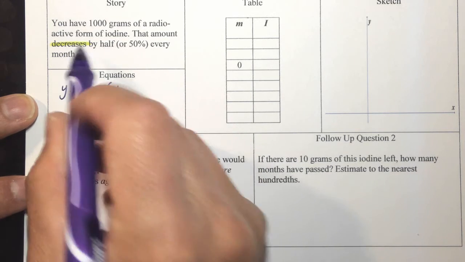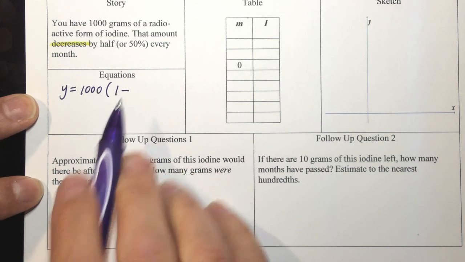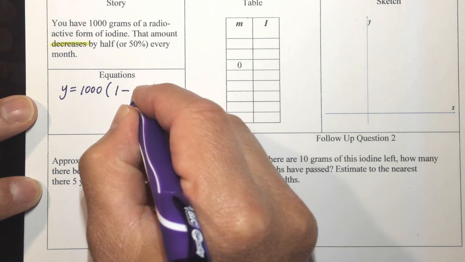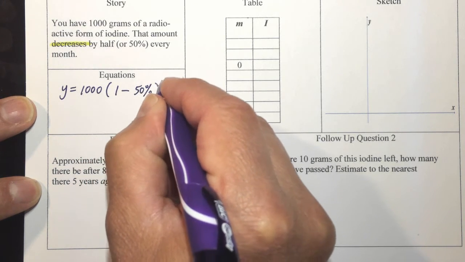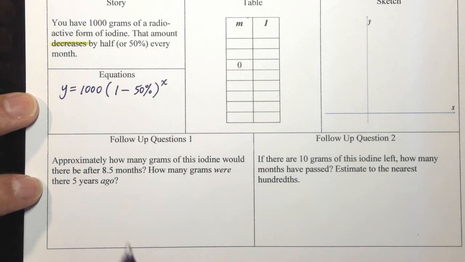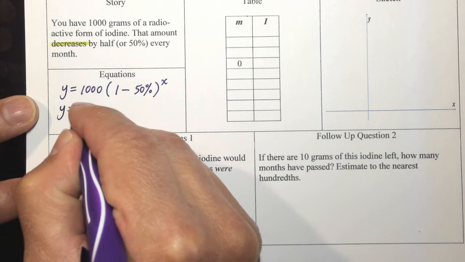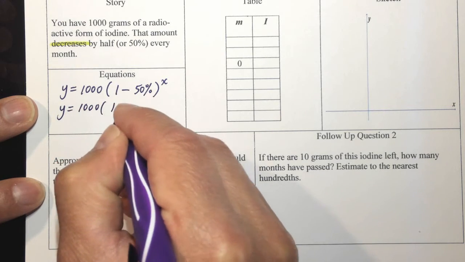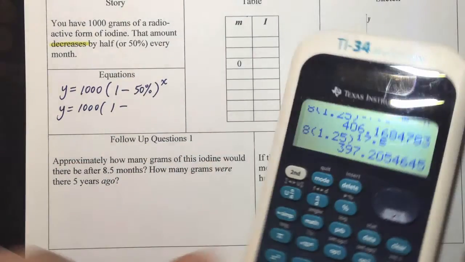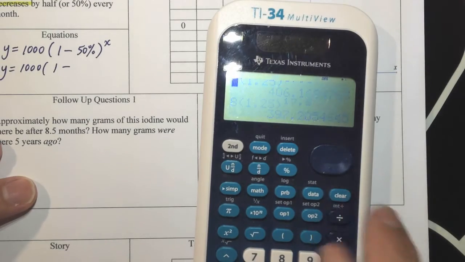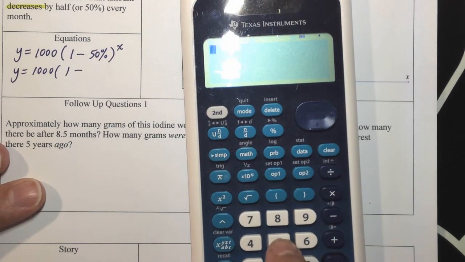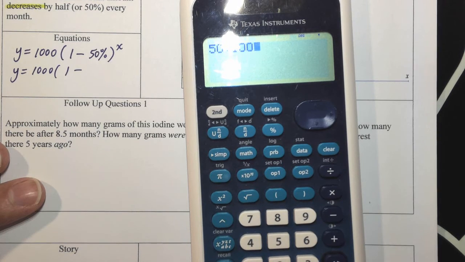This is a decay problem, so you need a minus sign right there. And 50% to the power of x. These are exponential problems, so you always need to the power of x. And then you change 50% into a decimal. I know you know already, but I just want to show you again. 50% means 50 out of 100.